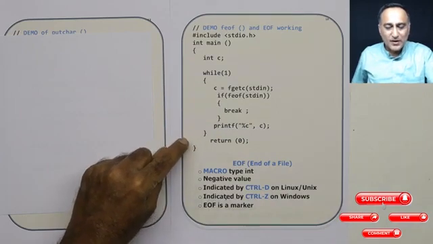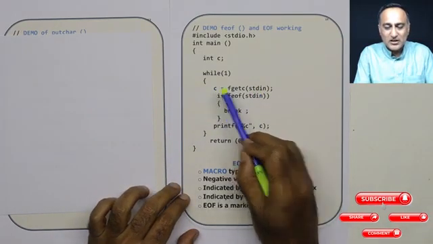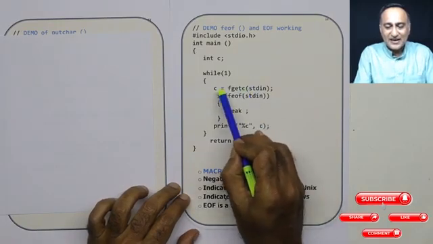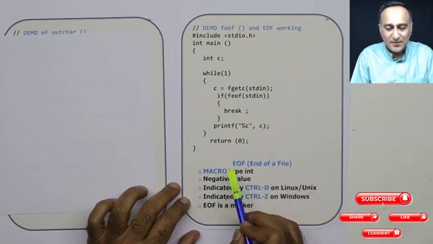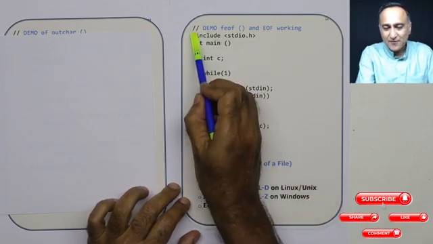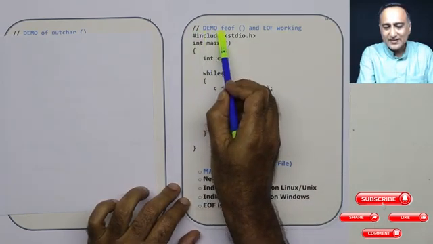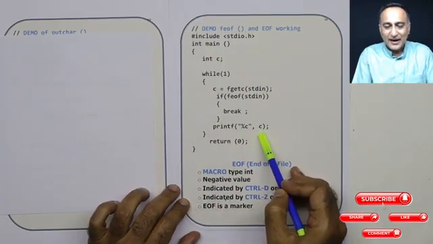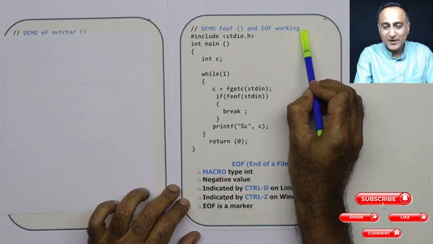Otherwise, I will read the character, assign it to c, and display the character on the screen. Let me give you an example. Let us say my file is just this one line. It will read one character at a time and keep printing each character. At some point, after G, it is the end of my file.